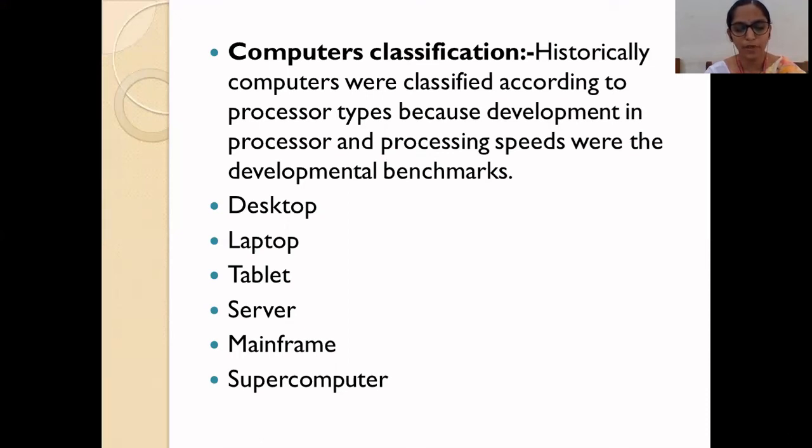All modern computers and computing devices use microprocessors whose speed and storage capacity increase day by day. The classification of computers is now on the basis of size. The basic classifications are desktop, laptop, tablet, server, mainframe and supercomputer.